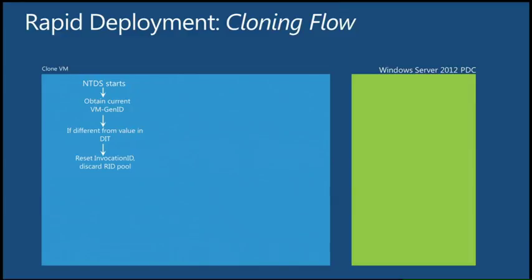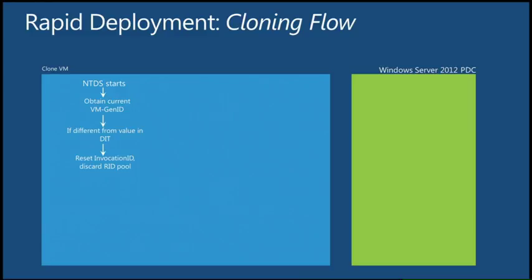Now, if it is different, because the hypervisor platform is telling me that, hey, my generation ID has changed, the domain controller automatically takes safety precautions. It resets the invocation ID so that replication can flow out comfortably and data can converge. And it also discards the RID pool so that it is not going to reuse RIDs in this event.